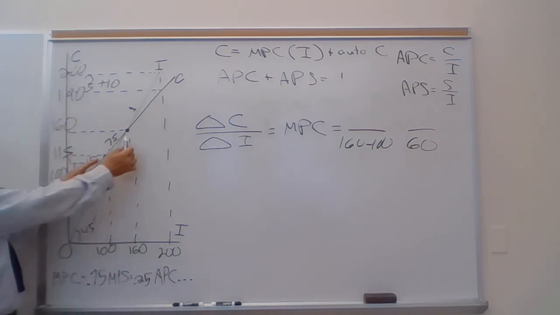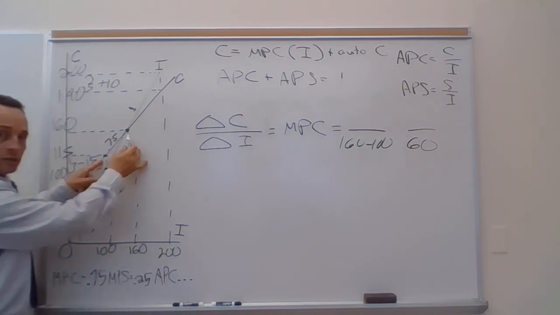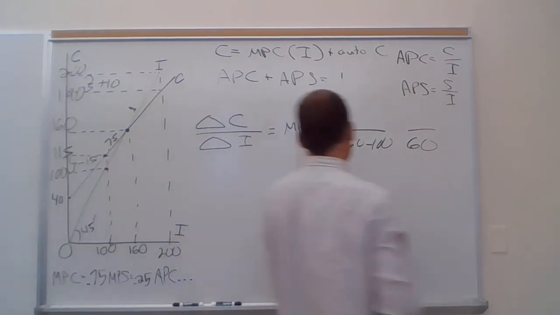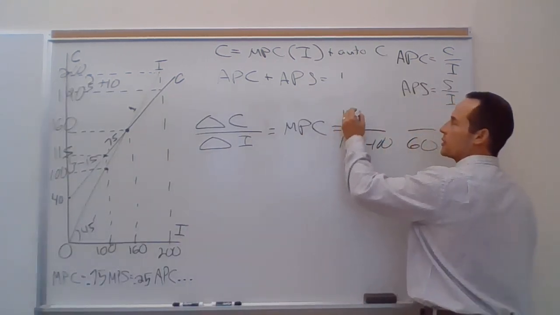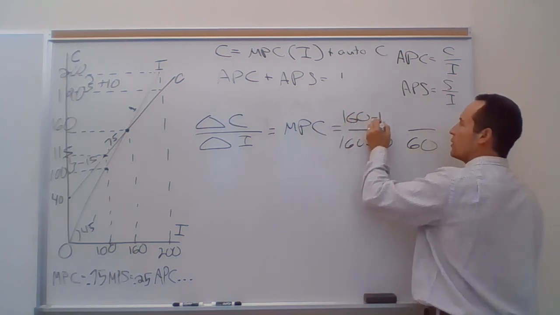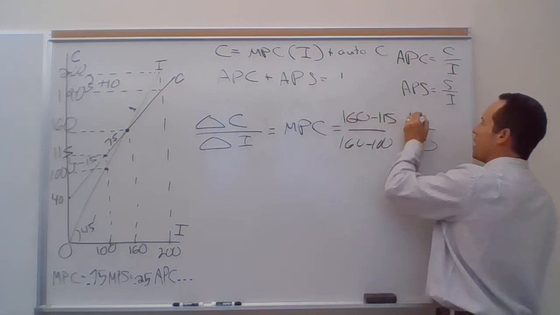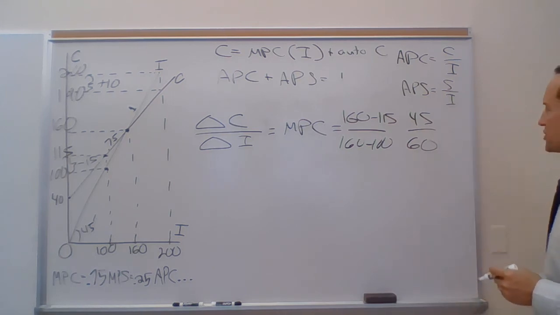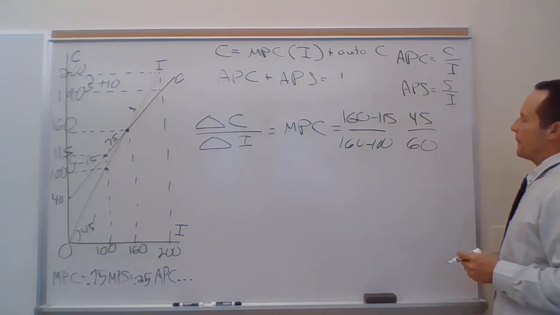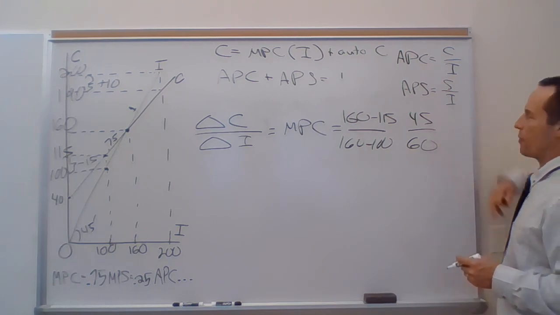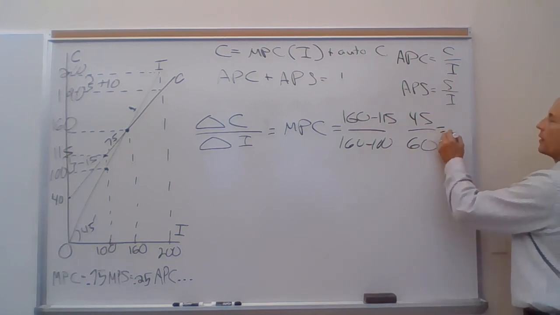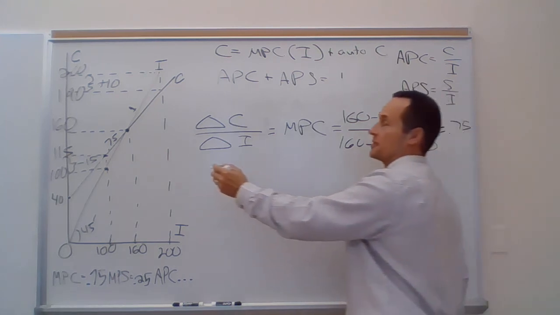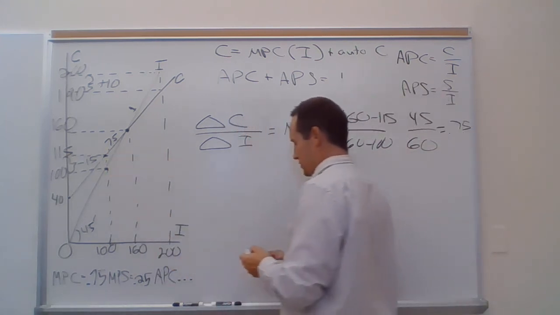But we see that consumption got to 160 from 115. So we have 45 over 60. If we divide both parts by 15, we get 0.75. And 0.75 is the MPC.